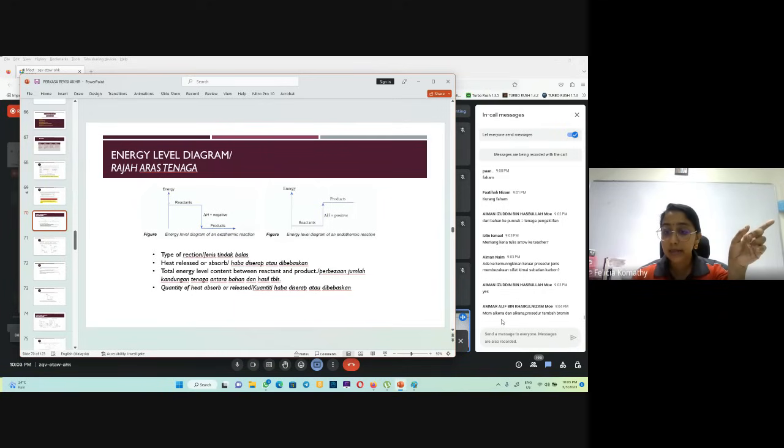Amma, ada soalan. Alkena dan alkana, prosedur tambah bromin. Ya, you kena tahu. Alkana dan alkena boleh dibezakan dengan menggunakan air bromin maupun potassium manganate 7. Hanya alkena akan bertindak balas, akan decolorize the brown bromine water or purple acidified potassium manganate 7.